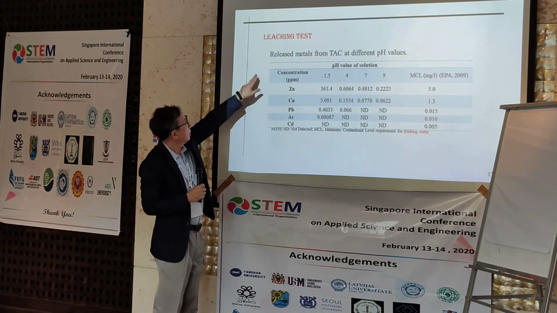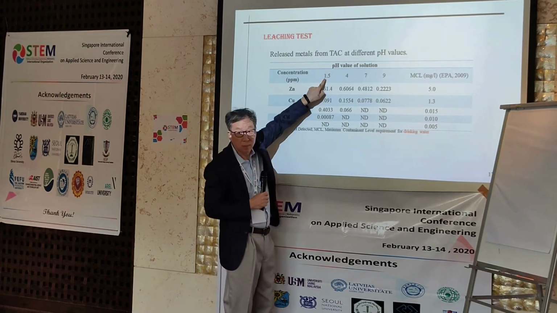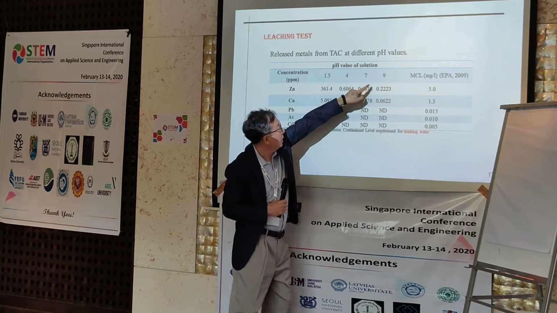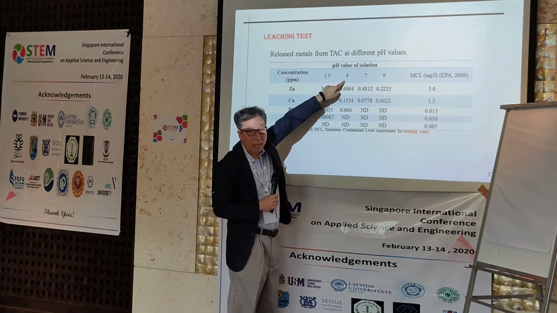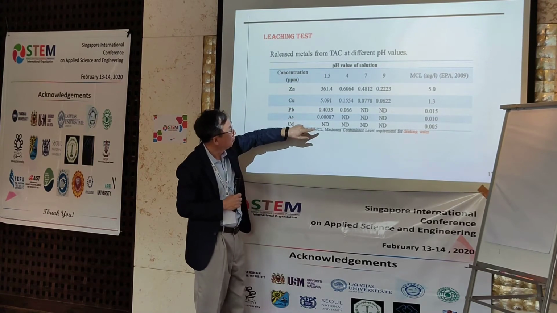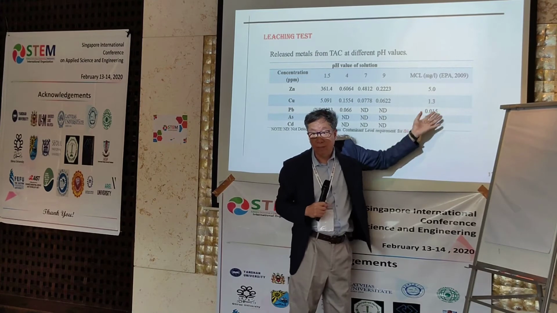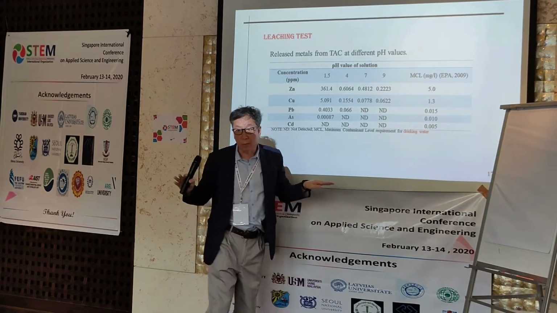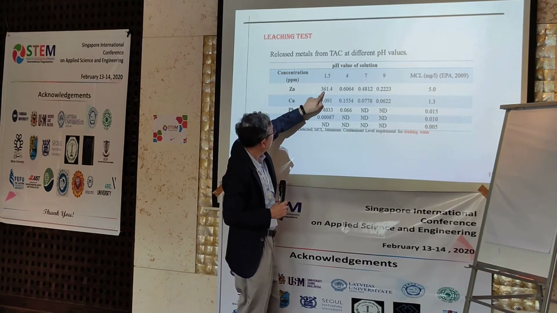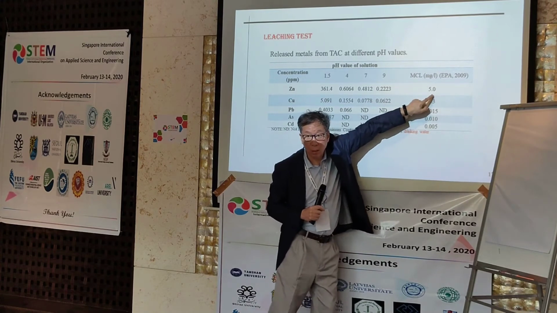So the released metals, with a pH value like this is a very strong acidic condition, neutral, basic condition. This is like an acid rain condition, and this is the maximum contaminant level, like the EPA environmental contamination levels. And if you look at this number for zinc, this is much higher than this one, right?